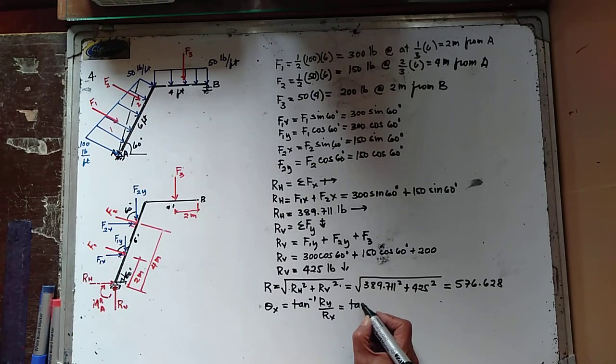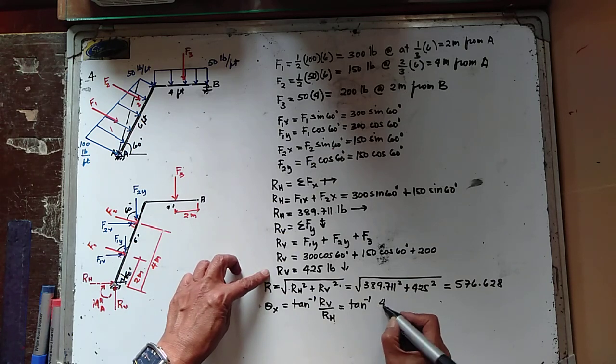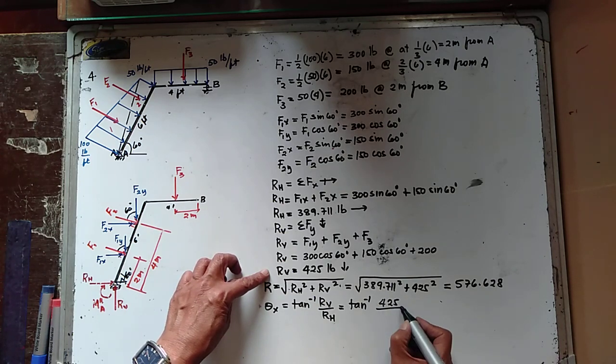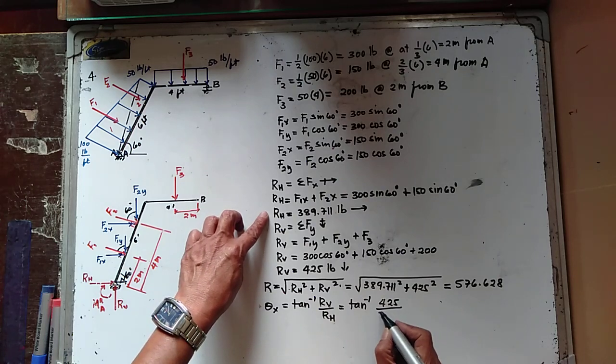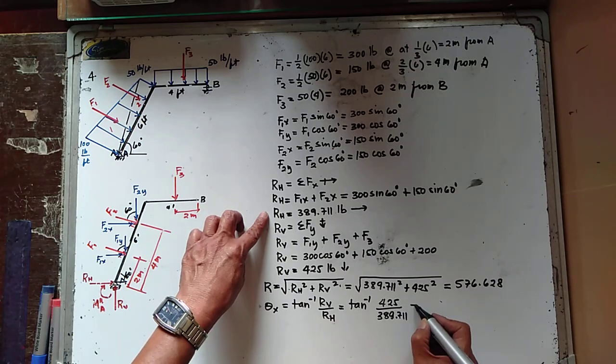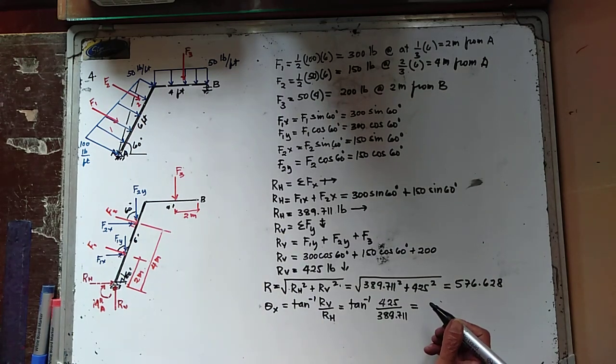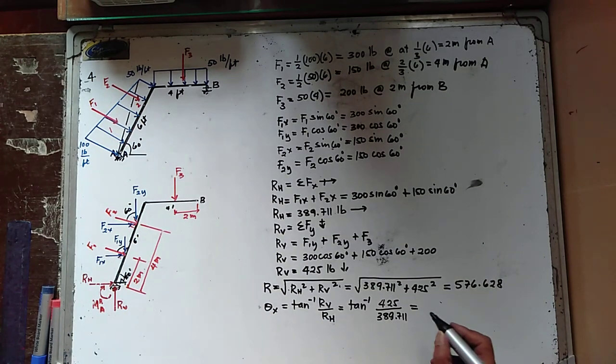So we now have the arc tangent of R vertical, 425, over R horizontal, 389.711. So the angle it makes with the horizontal is equal to 47.48 degrees.